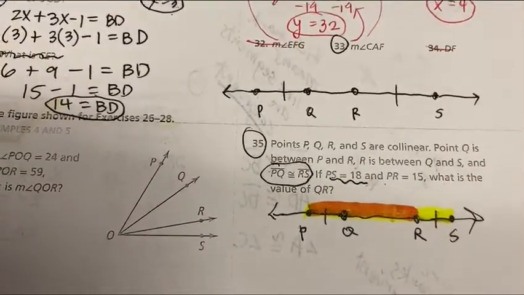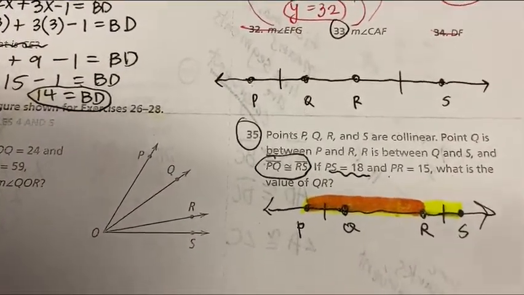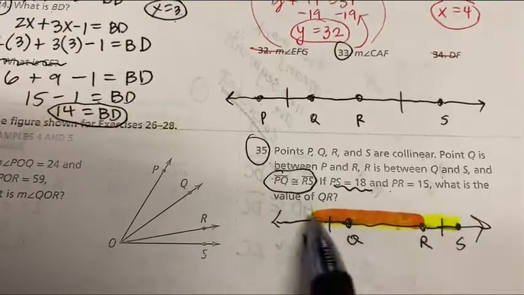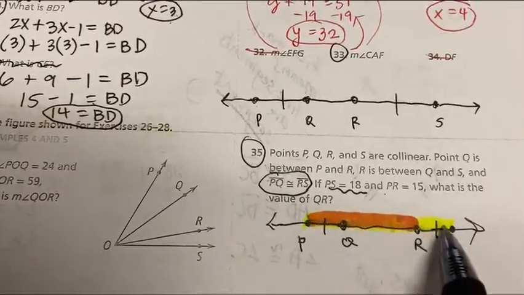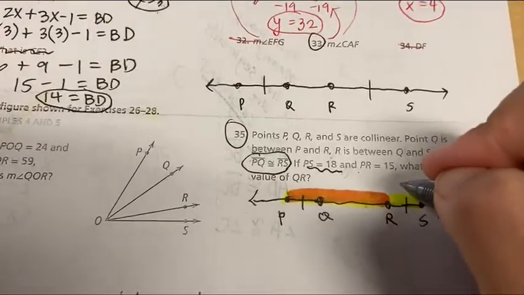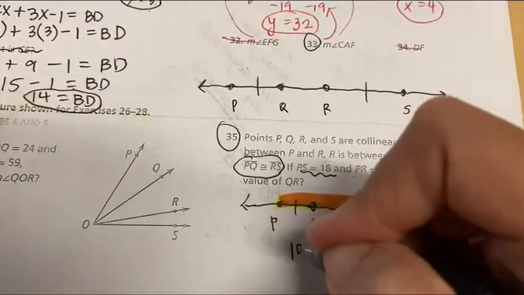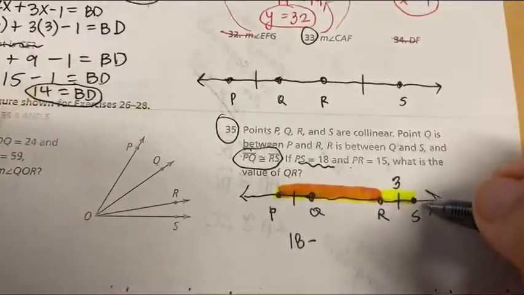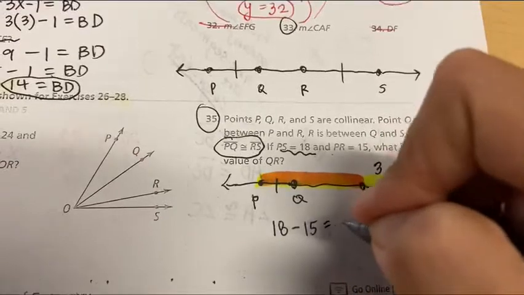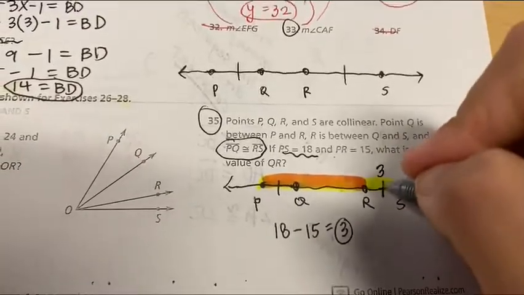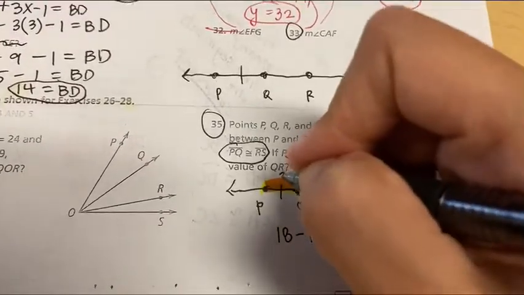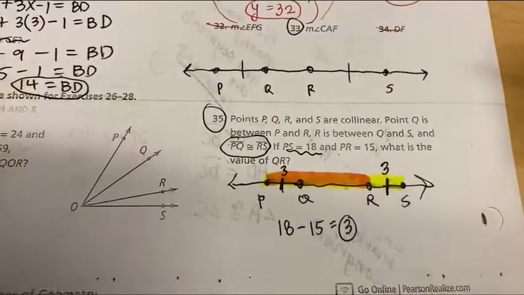Well, I think I know how far the part that's still yellow is, because if the whole thing's 18 and you chop off the orange, you're left with 3, right? 15, 16, 17, 18. So I use the same kind of logic. If the whole thing's 18 and I subtract 15, I get 3. Now remember, we said these are congruent, so I now know this one's 3 because they're congruent.